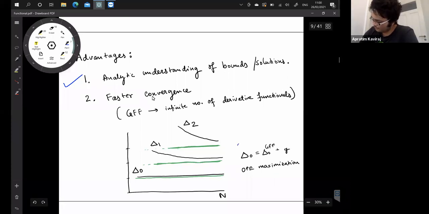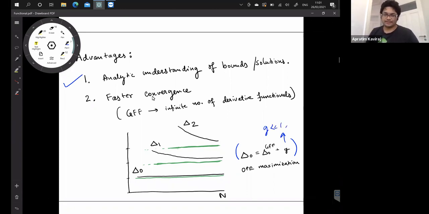Suppose you want a solution which is perturbatively away from generalized free fields, like the following. You can have g small or even 0, whatever you want. And if you try to maximize the OPE coefficient of the first operator, this is called the OPE maximization problem. So suppose you have this assumption and you want to maximize the OPE of the first operator, delta 0.